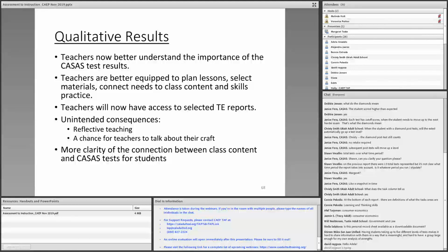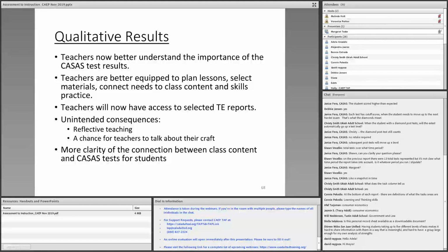They learn to access selected TE reports, given that they're given access to those through the data manager. Maybe there are unintended consequences, like good consequences, like reflective teaching, and really a good chance for teachers to talk about what they're doing in their class and how they understand the needs of their students and address those.